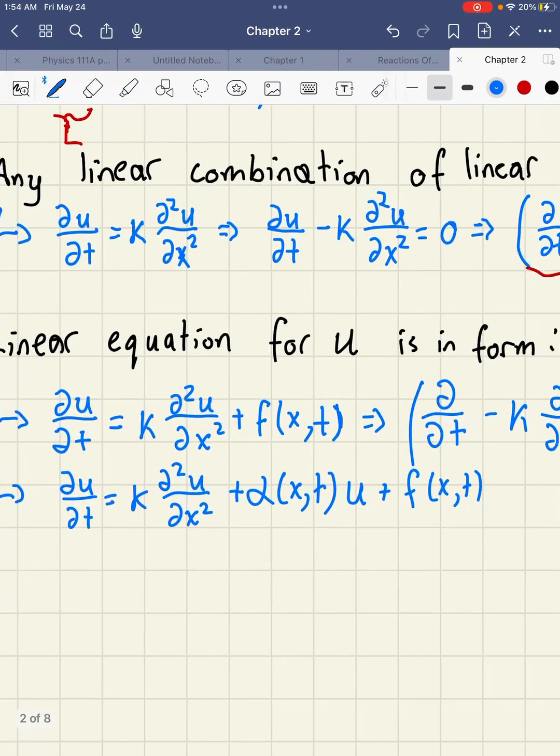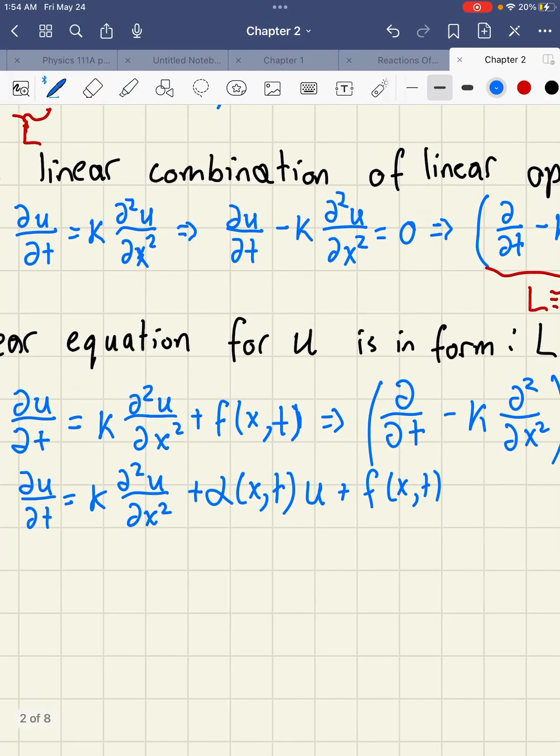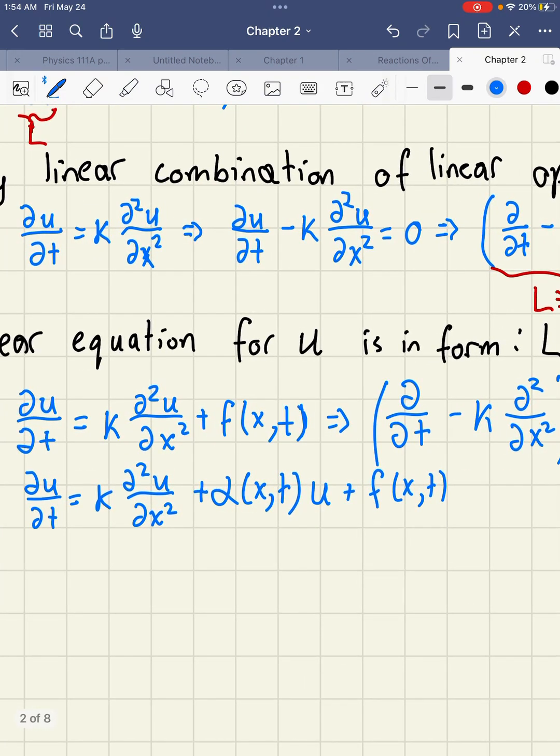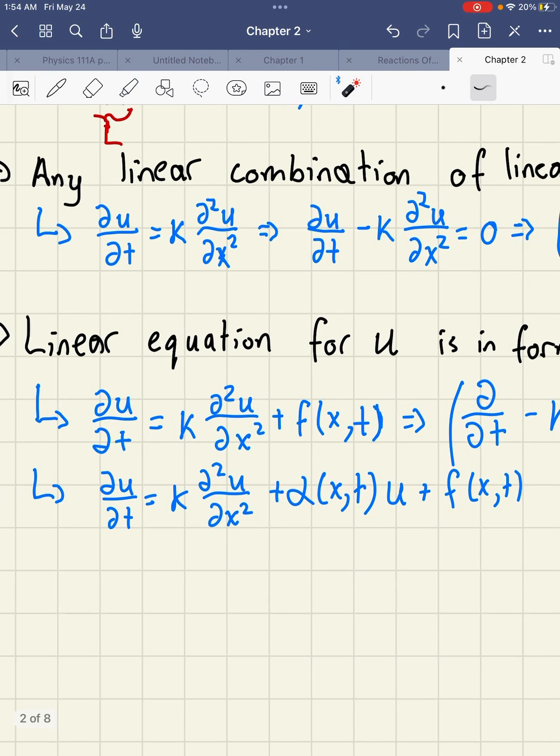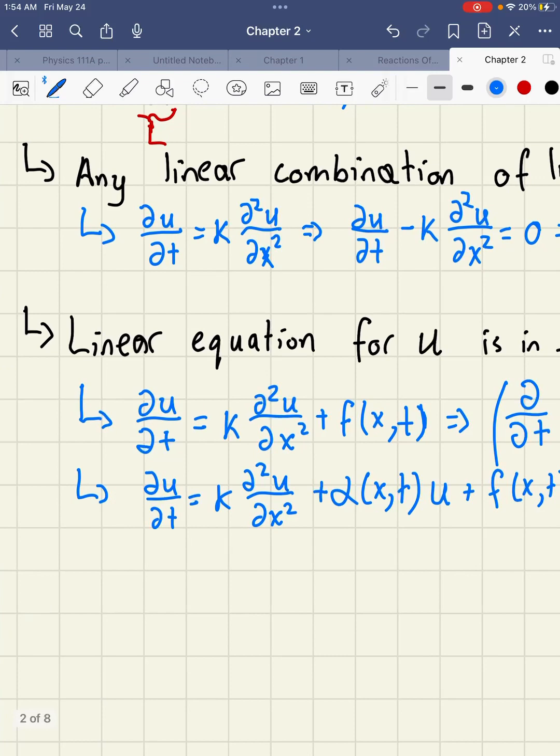This is also linear, I just multiply by one additional function, and that's still linear. However, for an example of nonlinear, it contains nonlinear operators.